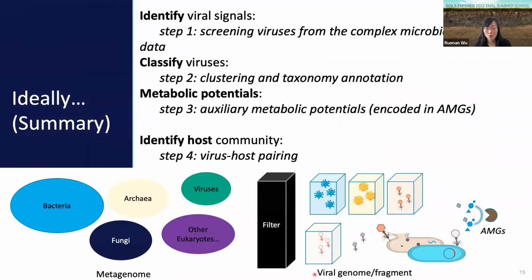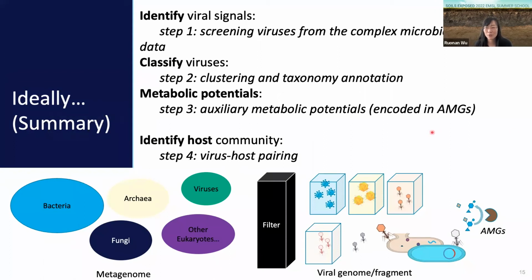Okay, hopefully now you have a general idea of what basic viral information we can get from metagenomes, and you have a list of tools for each step that you want to give a try. Also keep in mind there are some potential challenges or limitations, with my latest suggestions on how to work around or mitigate them.